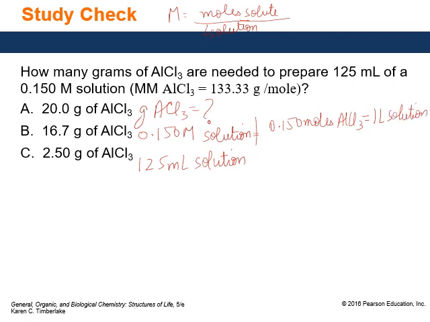So now if I know the volume of solution in liters, I can relate it to moles. Do I have liters of solution given to me? No, but I do have ml of solution given to me. So if I convert this ml into liters, I can go from liters to moles, and then the question is asking me for grams. I know there is a relationship that can take me from moles to grams.